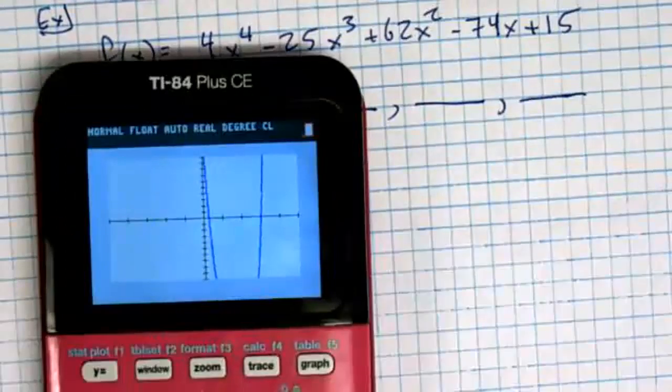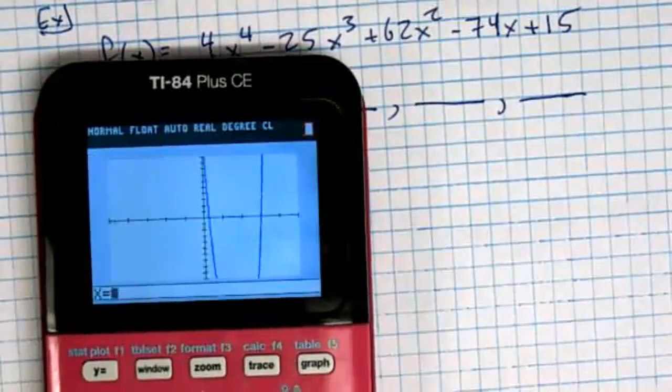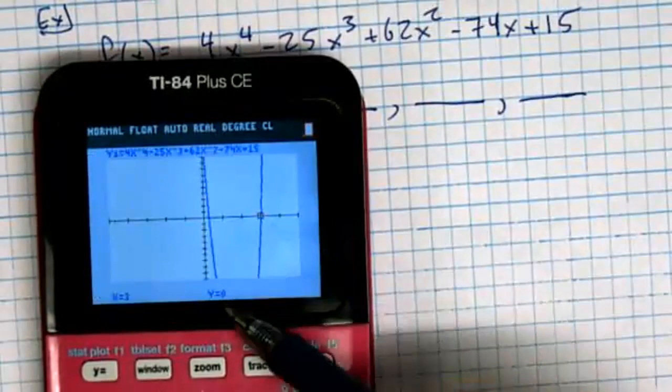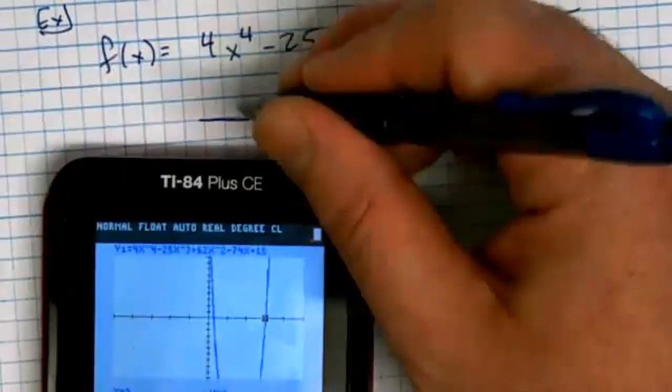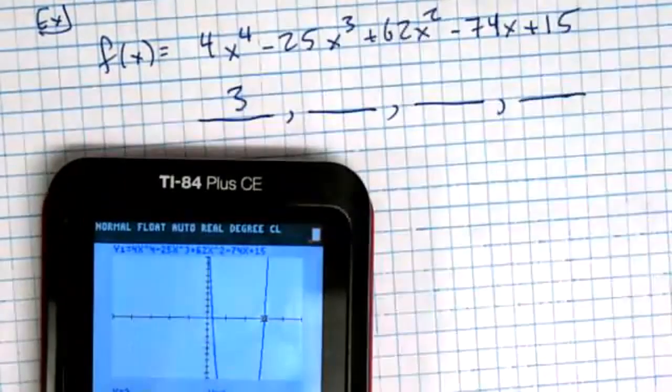Quick way to do that: second calc value, type in 3. Hope your calculator spits back a 0 at you. Hey, nice. 3 is without a doubt a 0, because when I plug 3 into my function, we get 0 out of it. So we got 3. 1 down, 3 to go.